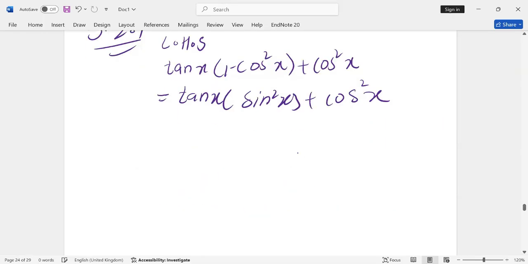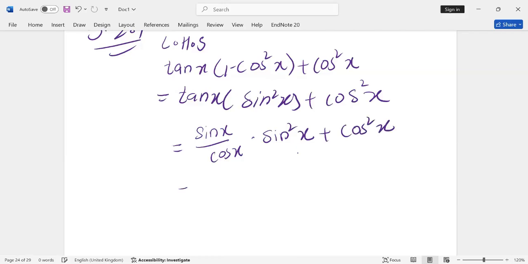Now I'm writing this tan x as sine x by cos x, times sine square x plus cos square x. Then we write it like that, sine cube x by cos x plus cos square x.